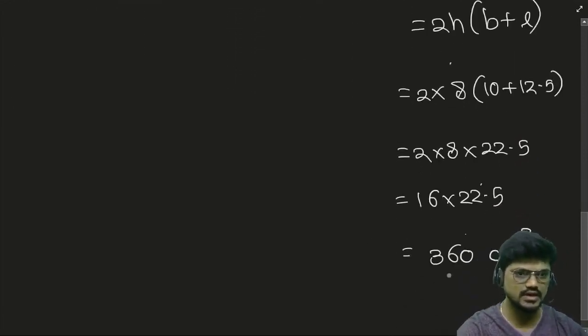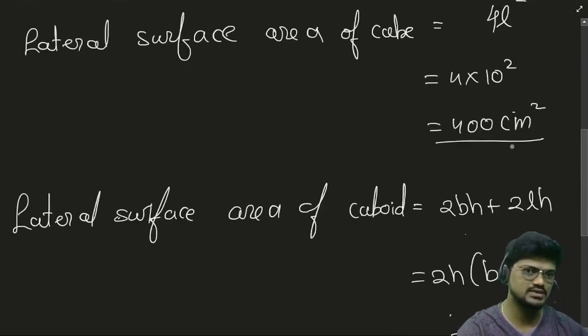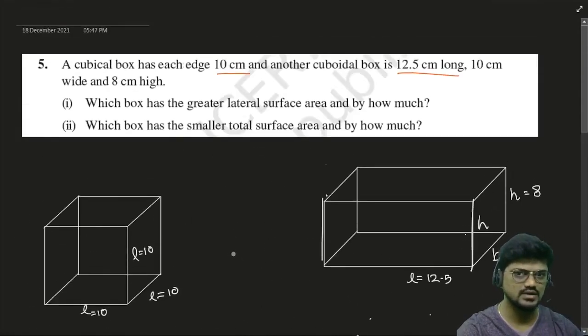The lateral surface area of the cuboid is 360 and this is 400. So which one is greater? They are asking which box has the greater lateral surface area and by how much.